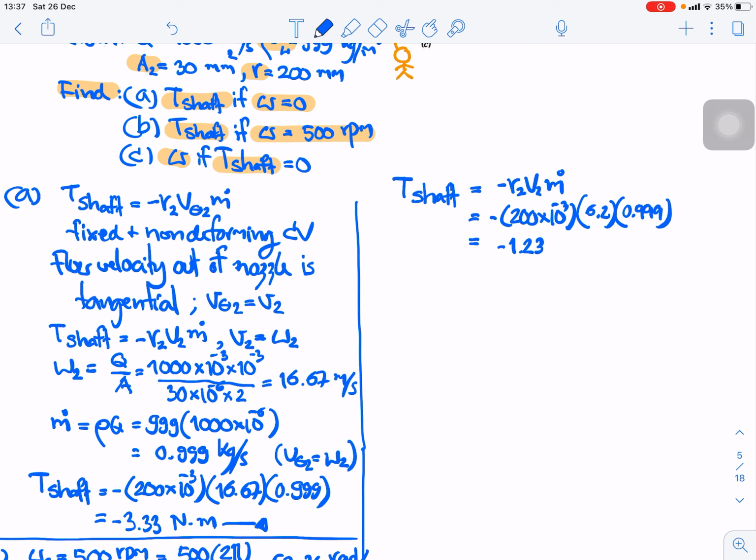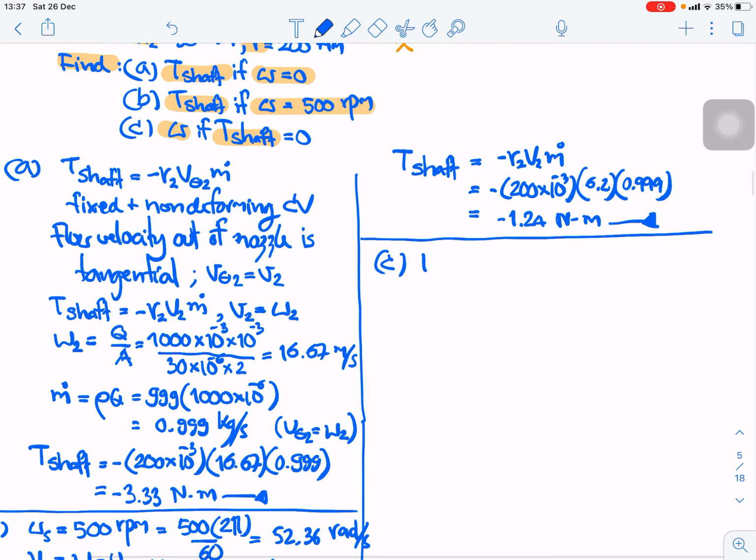So we got 1.24 Newton meters as the answer for B. So this is T shaft if the angular velocity is 500 rpm.